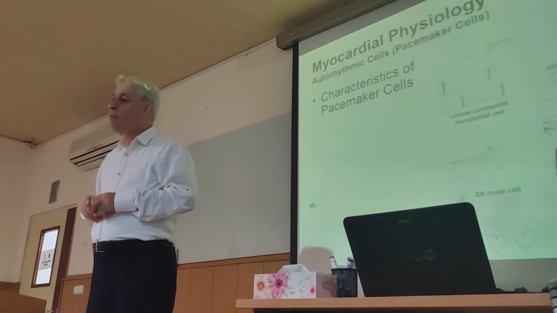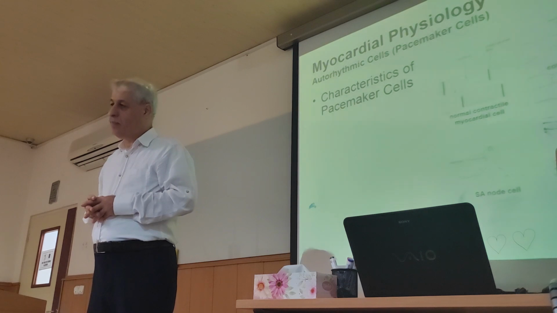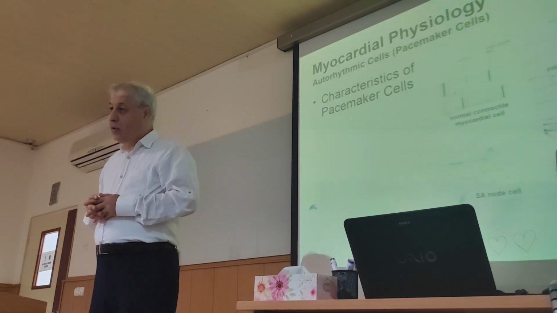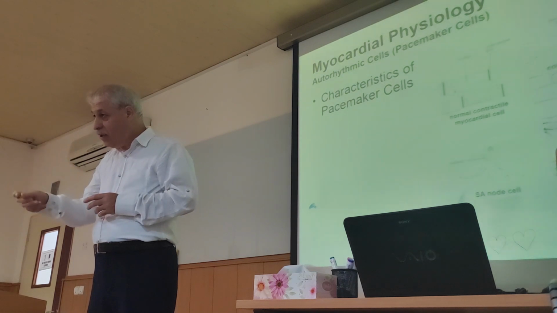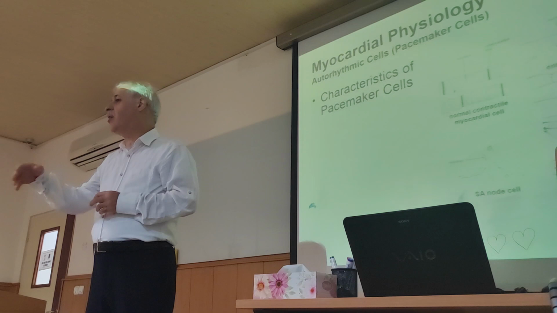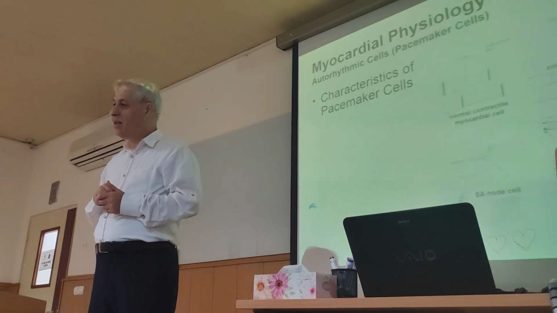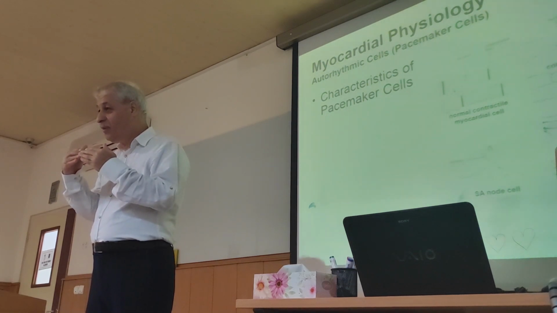The main concern is how it crosses the fibrous tissue. There is a special band of excitatory conductive system that can convey the impulses from the atria to the ventricle. The impulses cannot pass through the fibrous tissue.